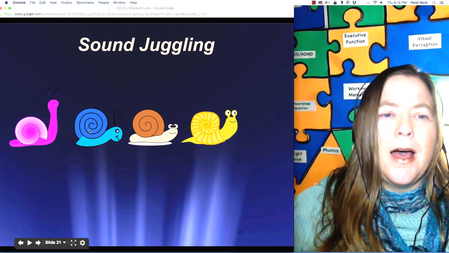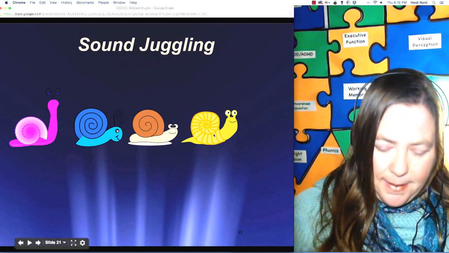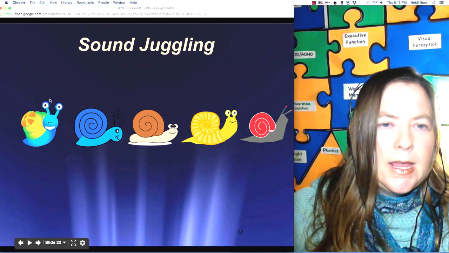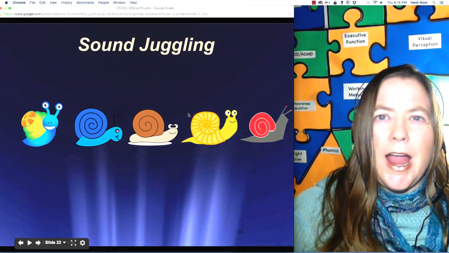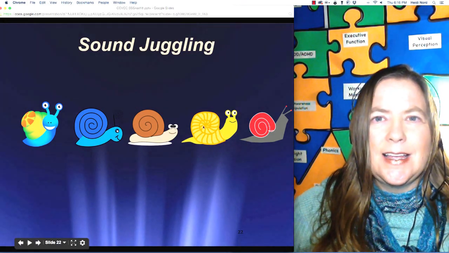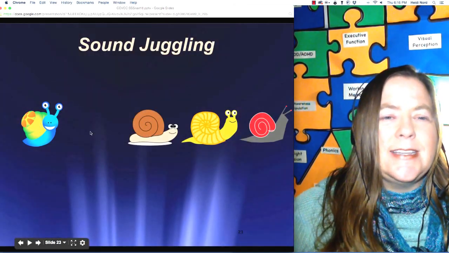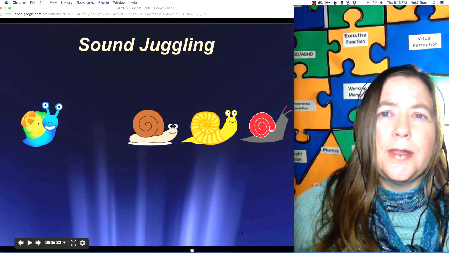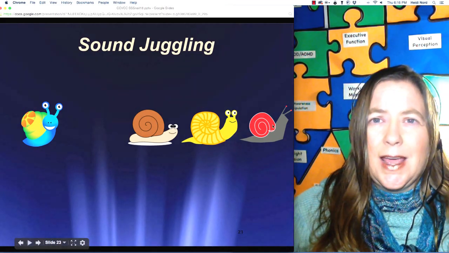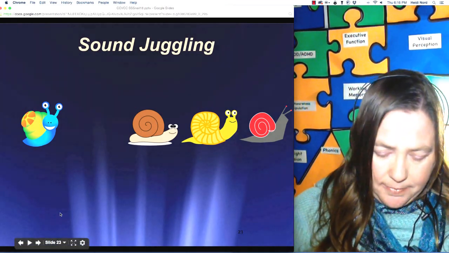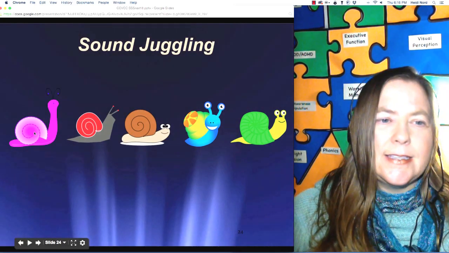You're left with plun. Here is ground. In ground, what happens if I take off the r? You're left with gowned.